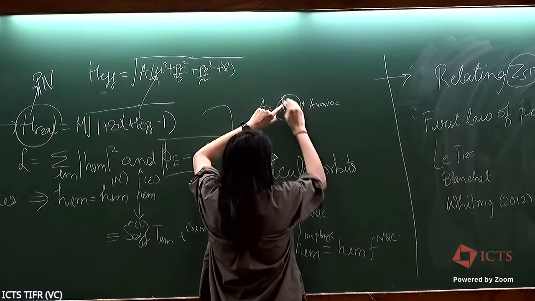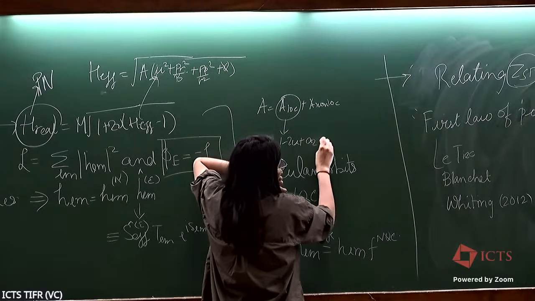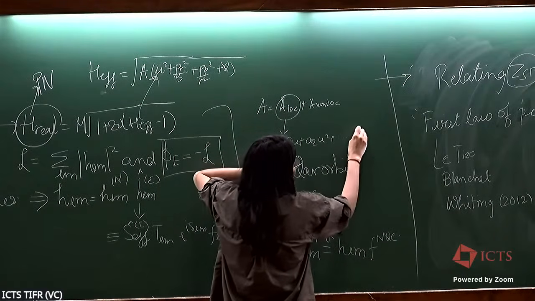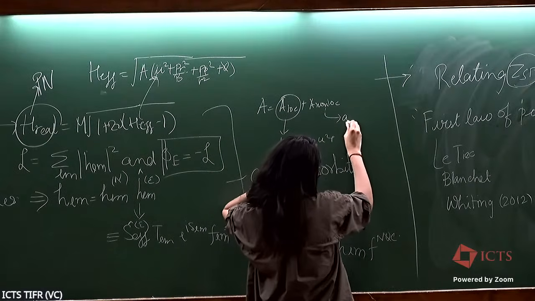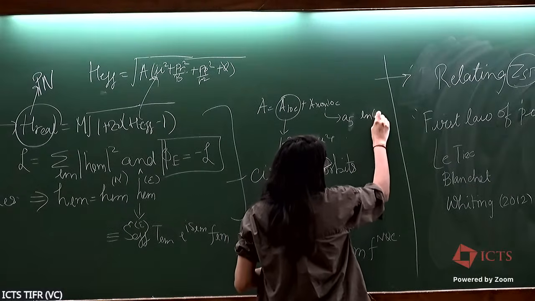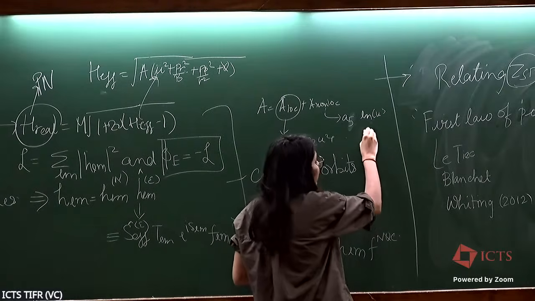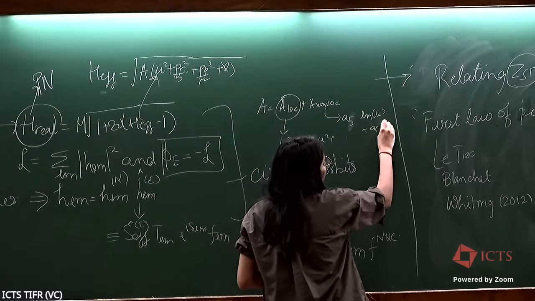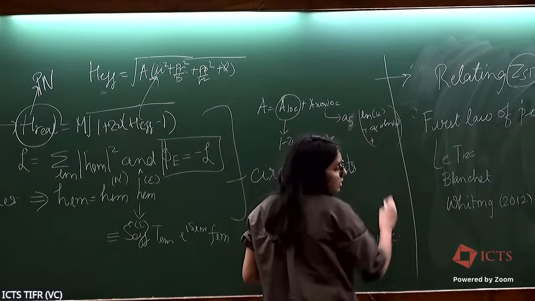This A local is something we have seen multiple times, which is 1 minus 2U plus 2U squared. And this A non-local starts at 4PN. So A5 log of U plus A6 U log of U plus higher order terms.